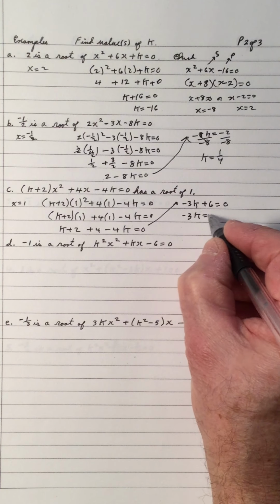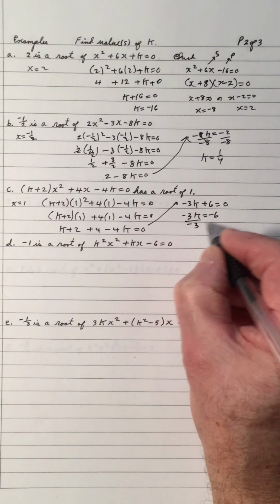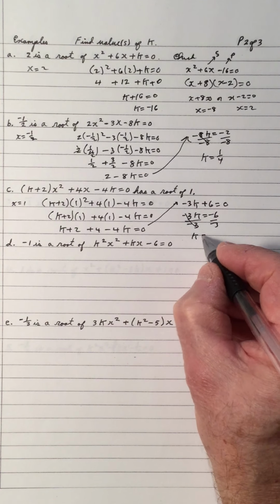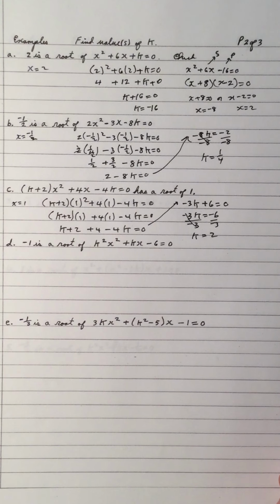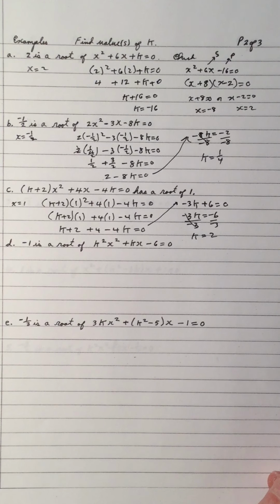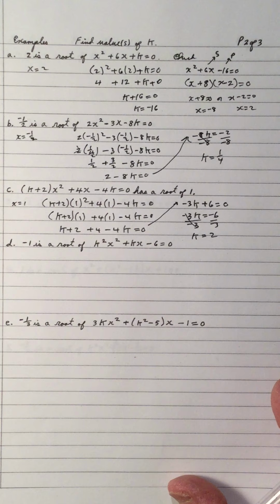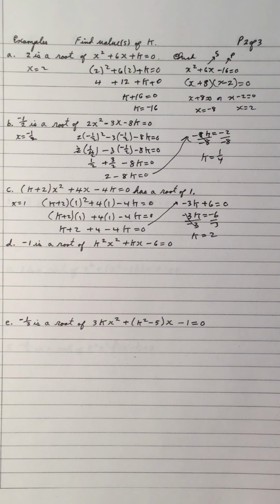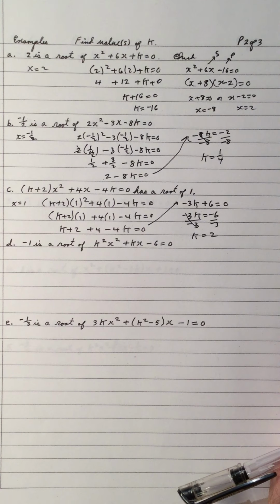Negative 3k equals negative 6. Divide by negative 3. The 3's cancel, the negatives cancel, k equals 2. So again, just working out the math based on finding the values of k, which will be skills needed later on in the course when the math gets a little bit heavier.